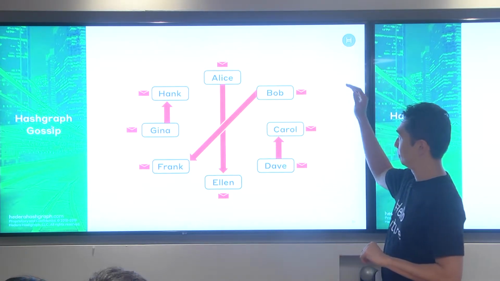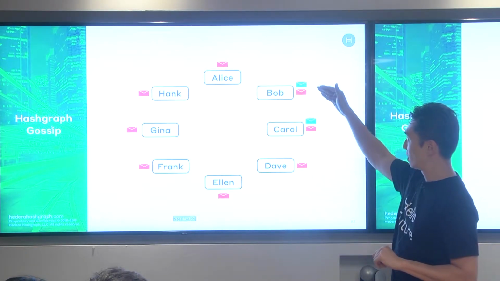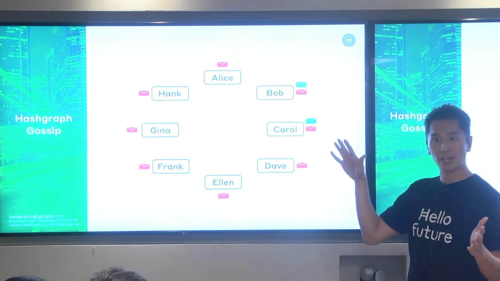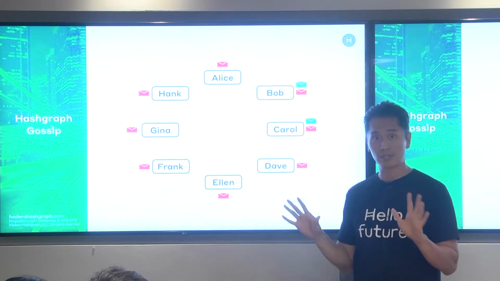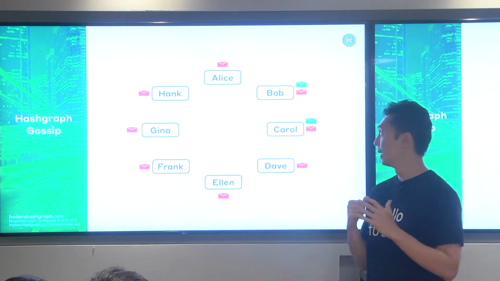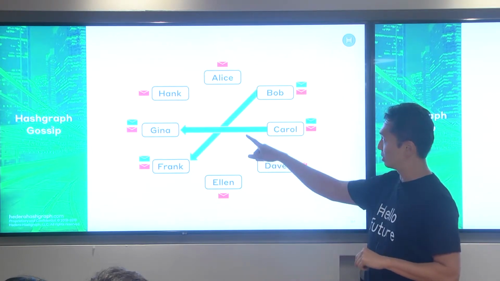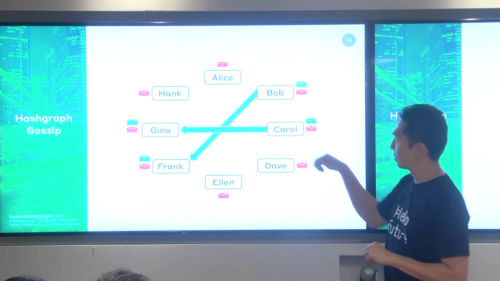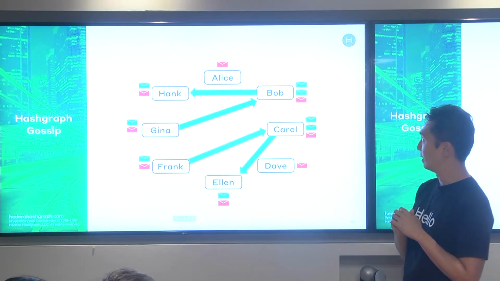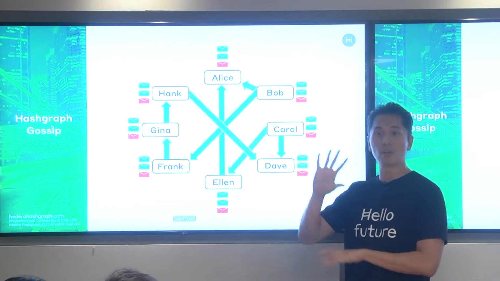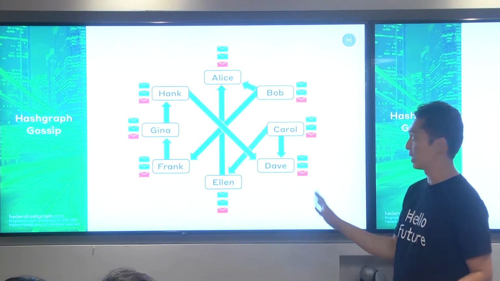Next, you have Bob and Carol each creating a transaction, the green and the blue transaction, at around the same time. And these transactions, again, get gossiped out to other members of the network. And exponentially, the entire network receives all the transactions.